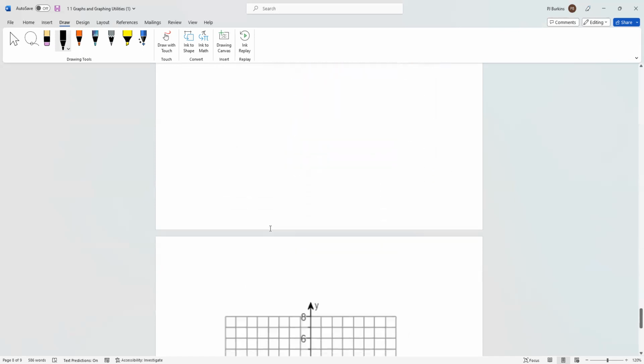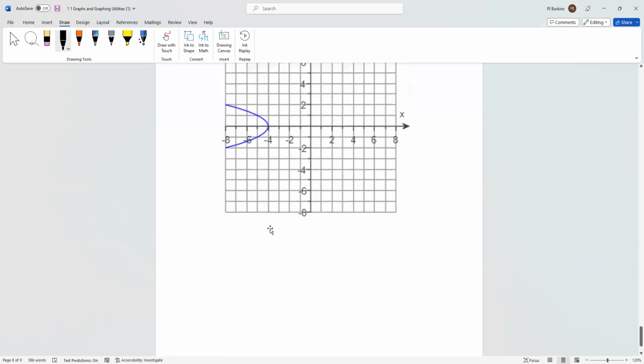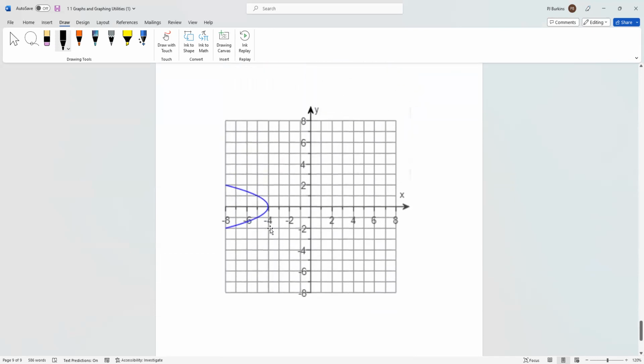I think we have one more here. So this looks to be like a parabola that's been turned on its side, which again, I can tell you a parent function for this, there's a couple different ways to write it.